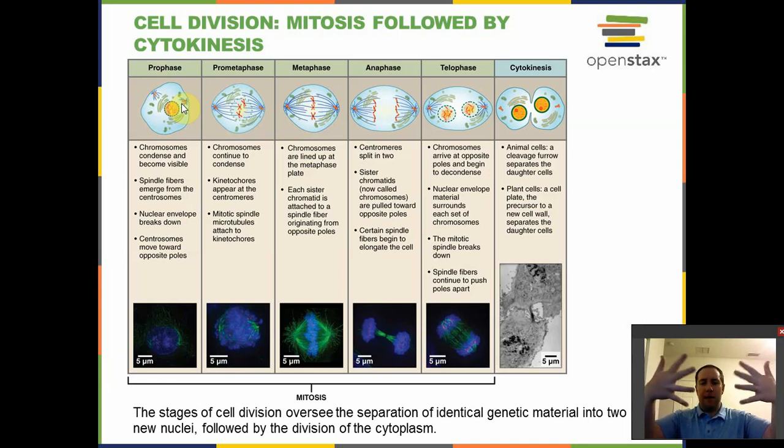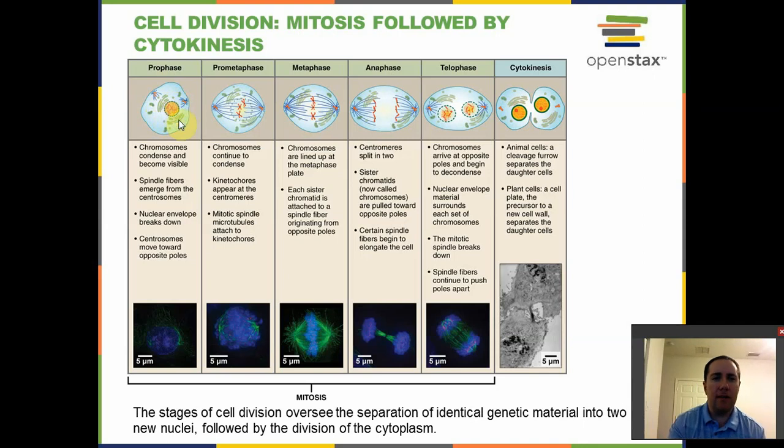The spindle fibers are going to reach out, grab the chromosomes, and then pull them apart. But in prophase, they're just starting to form. So if you look at a diagram or a model, the key that you are looking at prophase is that the nucleus is still partially intact.